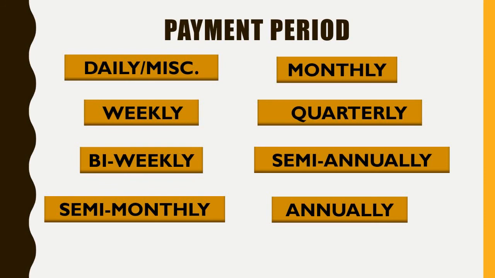That means you're only going to get 24 paychecks. And most semi-monthly individuals are salary based, whereas bi-weekly is more for wage based.